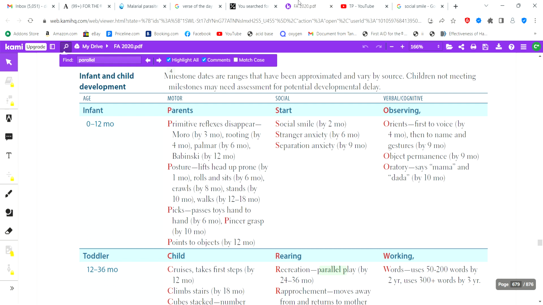All right, stranger anxiety. What is stranger anxiety? Stranger anxiety is a fear of unfamiliar people, that could include friends and neighbors, or people that the baby doesn't normally see.